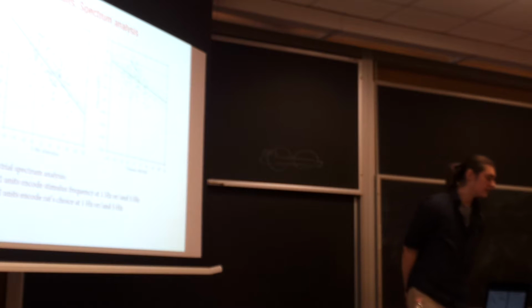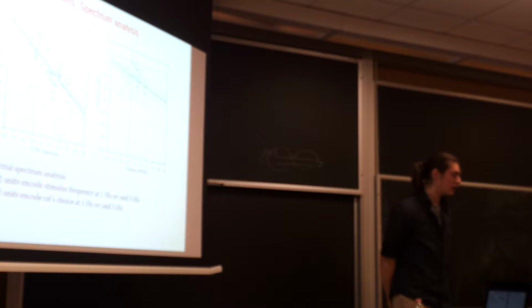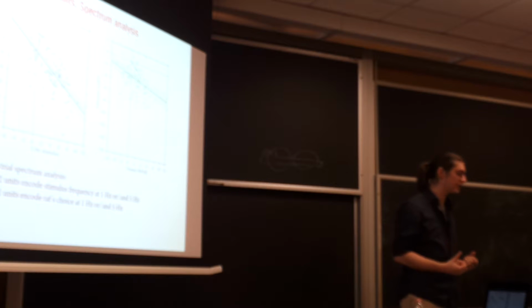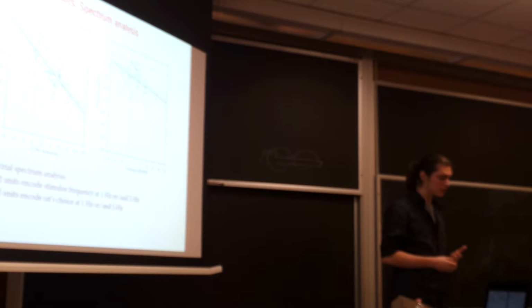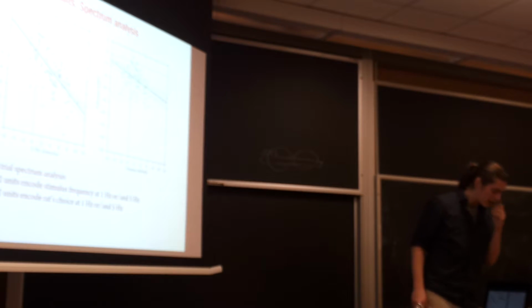Right, and yes, this would be very interesting also because this potentially could disentangle the rat's choice versus the actual stimulus that was presented. And I very much wanted to look at this data. There's a slight problem with this though.